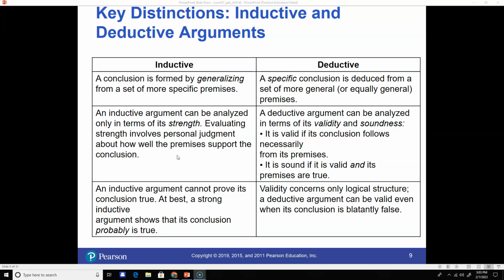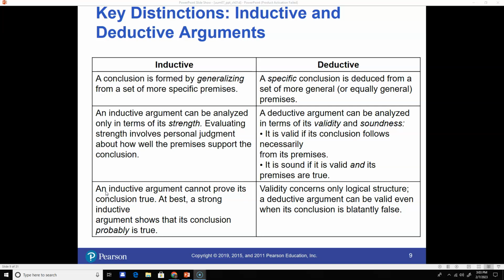Again, with inductive arguments, we're not going to be able to prove that they're true, but we can evaluate them in terms of their strength, so we could say it's a strong argument or a weak argument. Whereas with deductive arguments, we can talk about validity and soundness. Validity means the conclusion follows from its premises, but it's sound if and only if the premises happen to be true.